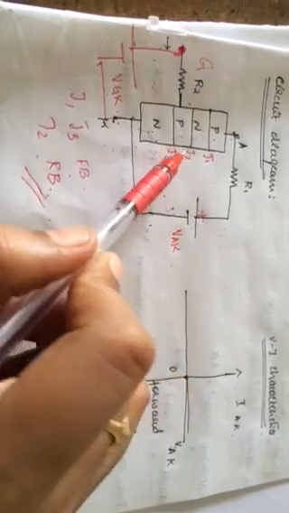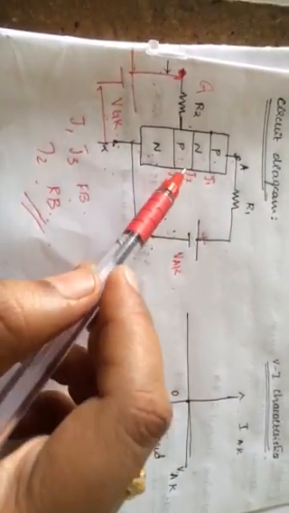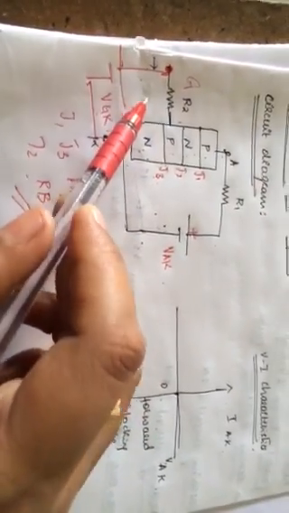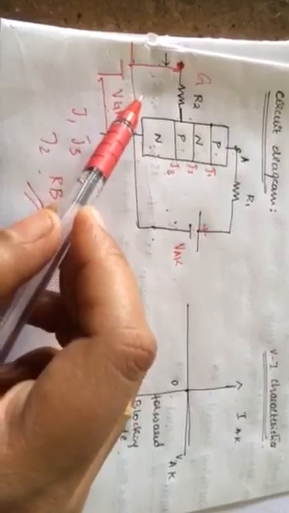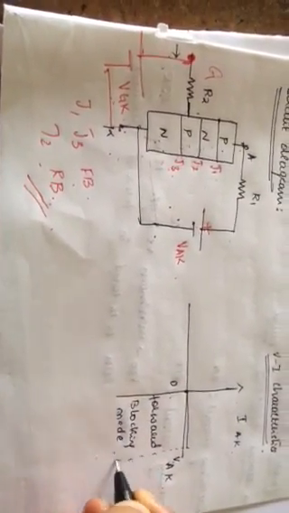When it is in a reverse bias, the depletion region is going to be more, so there is no flow of current. But once you apply the gate voltage and the gate pulses, the junction J2 is going to break down, and at a certain voltage, this point, it is called VBO, that is known as the forward breakover voltage.